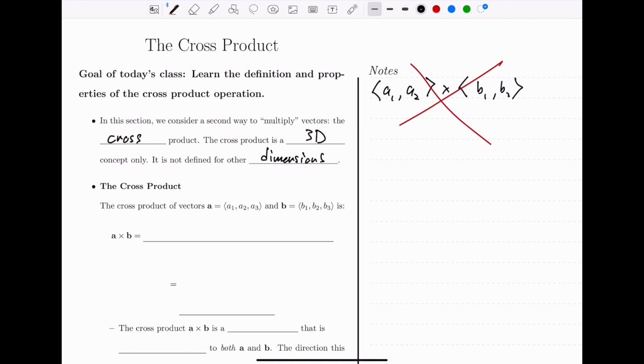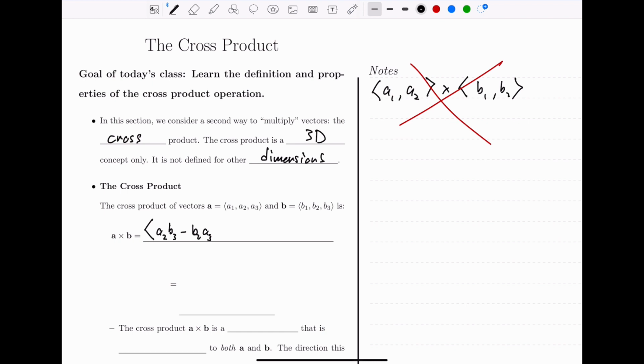Let's write down the definition of a cross product. It might seem a little bit arbitrary, but we'll see some useful geometric applications of this definition, which is why we choose to define the cross product this way. The cross product of two 3-dimensional vectors is another 3-dimensional vector. The first component of this new vector is a2 times b3 minus b2 times a3.